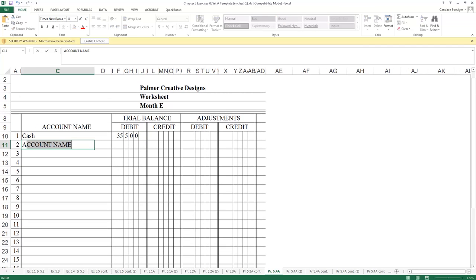So next, accounts receivable. Copying these straight out of the textbook. And if at any point you need to pause the video, go ahead and do that and just resume it after you have caught up with me.